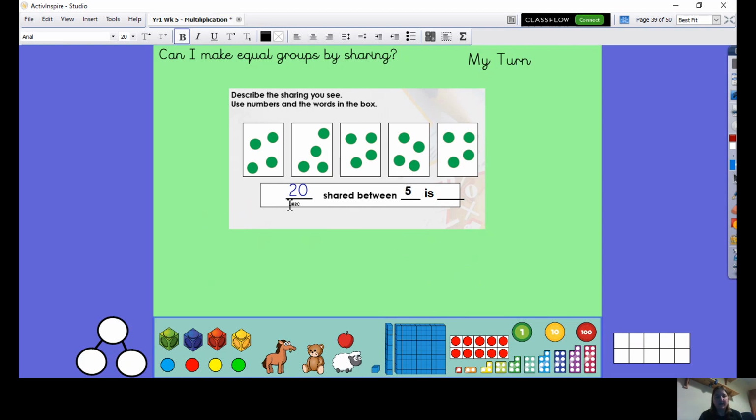So 20 counters shared between 5 groups. How many were in each group? So there's 4 in there, 4, although they're all sort of mixed up a little bit and they don't look all the same. There is 4 in each of those. So my answer there is 4. So 20 shared between 5 is 4.